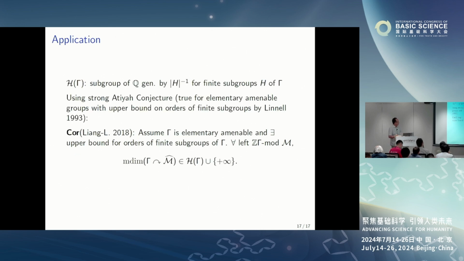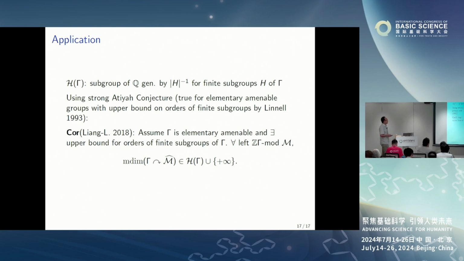There's also one application here on the dynamical side. The earlier application was on the torsion side. Here I want to give an application on the dynamical side. So for gamma, you can look at the subgroup of the rational numbers generated by 1 over the size of the group, for finite subgroups. Then there is one conjecture, the so-called strong Atiyah conjecture, which is known to be false now, mainly due to Tim Austin.